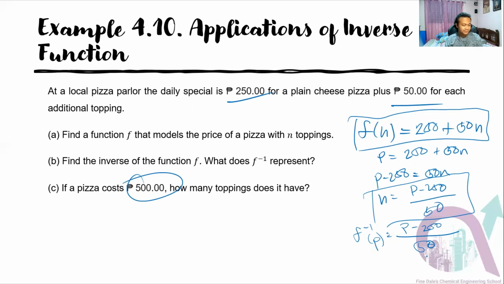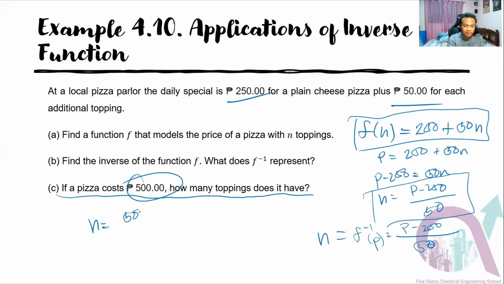Next, if you paid 500, how many toppings did you add? Pizza cost 500, how many toppings does it have? Simple, you just substitute.